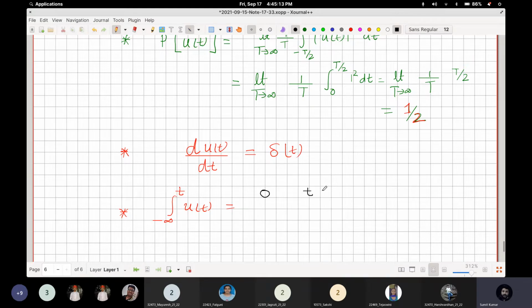So for t less than 0, you will be getting 0. When you integrate it beyond that, you will be getting t for t greater than or equal to 0, isn't it? And this is the definition of the ramp signal. So this signal is called r(t), which is equal to 0 for t less than 0, and for t greater than 0 it is a straight line. So r(t) is something like this. It is 0, and then after that it's a straight line, t only. So this is t, and here it is 0, and this point is t equal to 0. So this is the ramp signal.